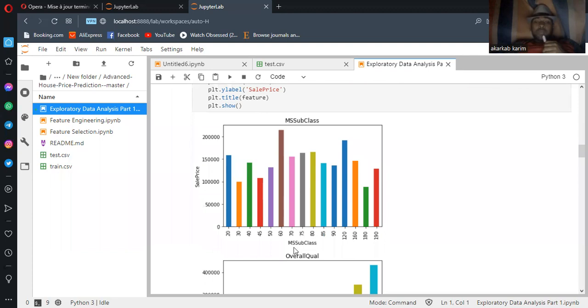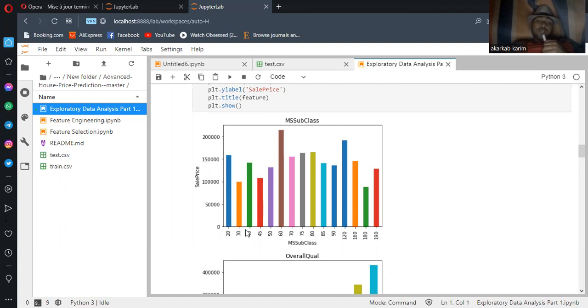So if we look, we have this one, class. I don't really have any idea what this feature means, but it's okay, just for educational purposes. We have different variables here with different colors. Each value is represented by some color.